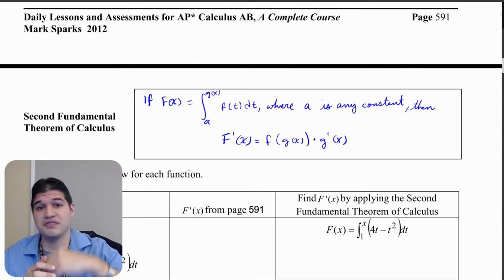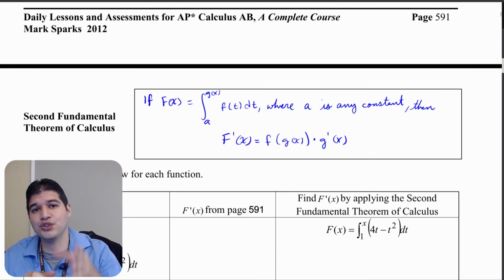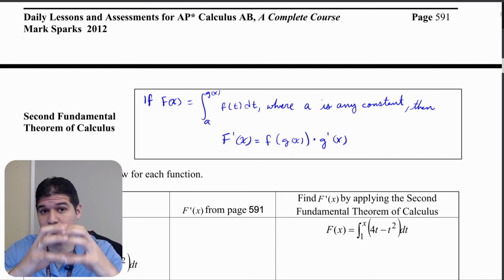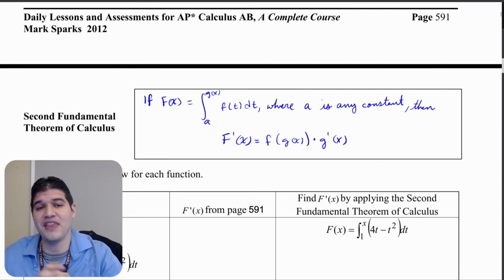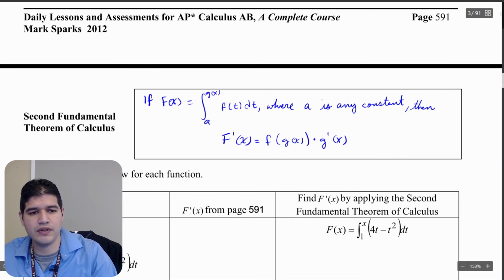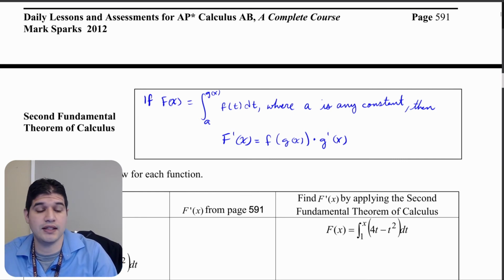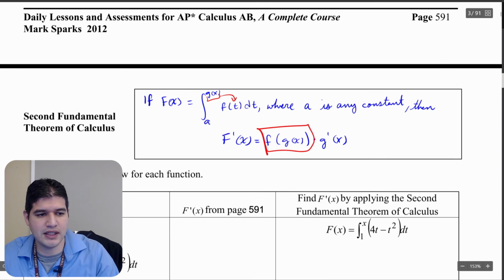If it's x squared, x cubed, 2x to the fourth, whatever, you're going to substitute that into the function inside the integral, the integrand, and you're going to multiply by the derivative of that upper boundary.